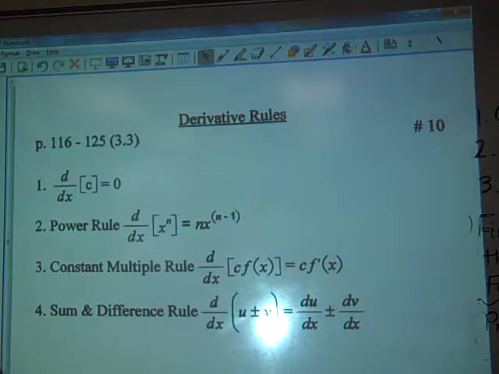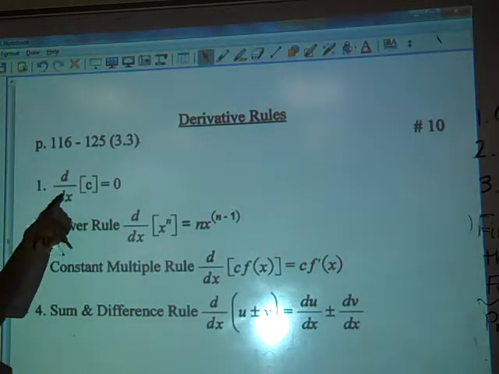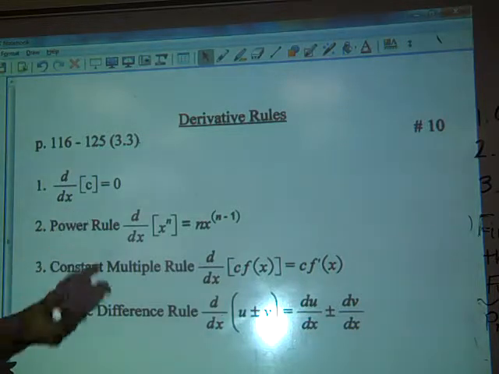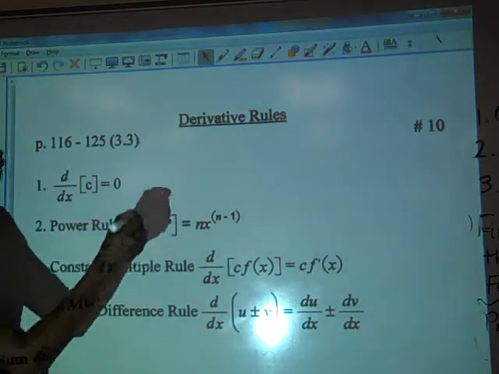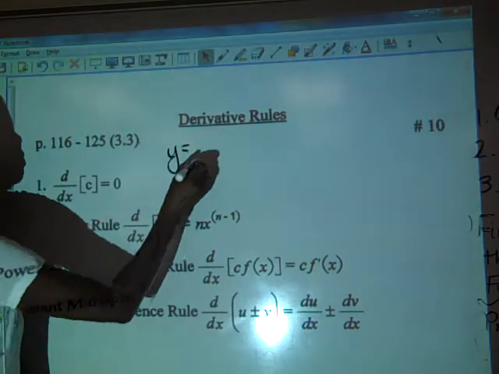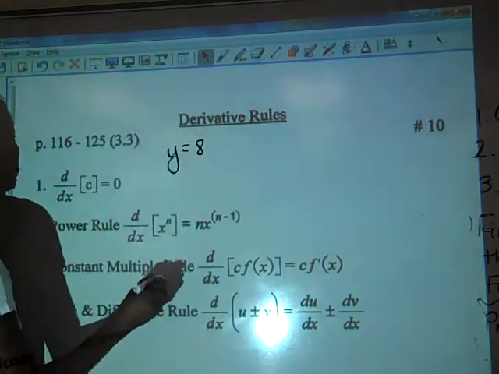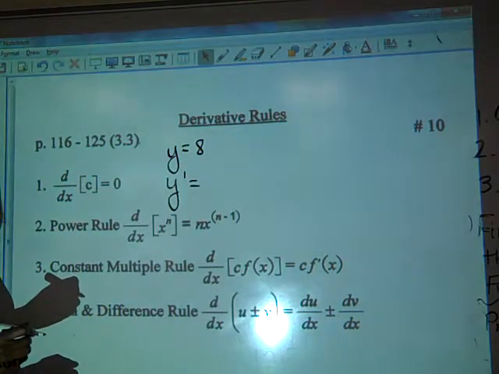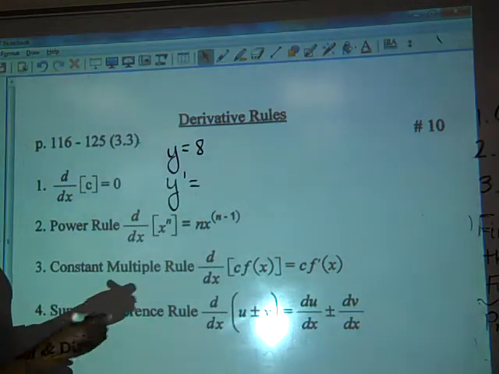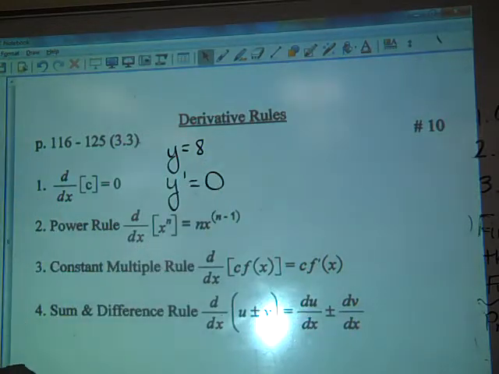This means the derivative of a constant with respect to x. So, for instance, I'm going to use the old notation that we may be used to. I'm going to say y equals some constant 8. If I want the derivative, what would the answer be? Zero.